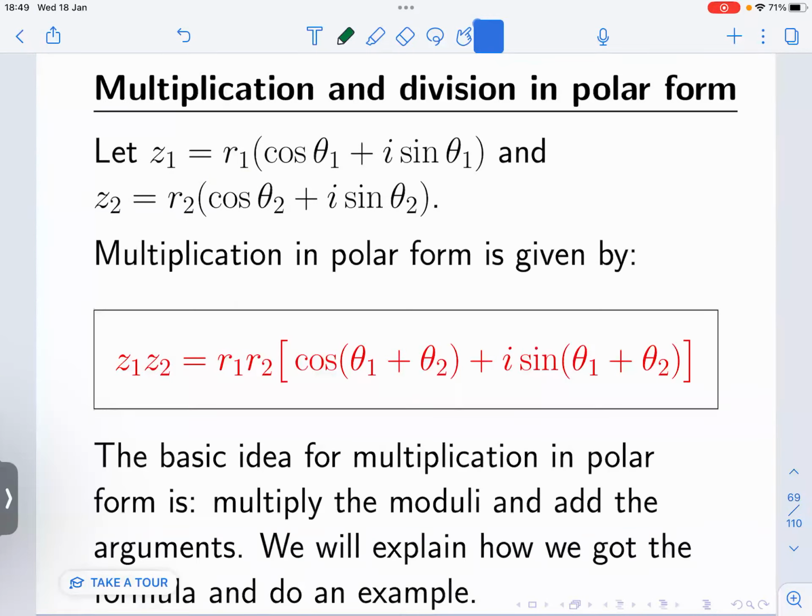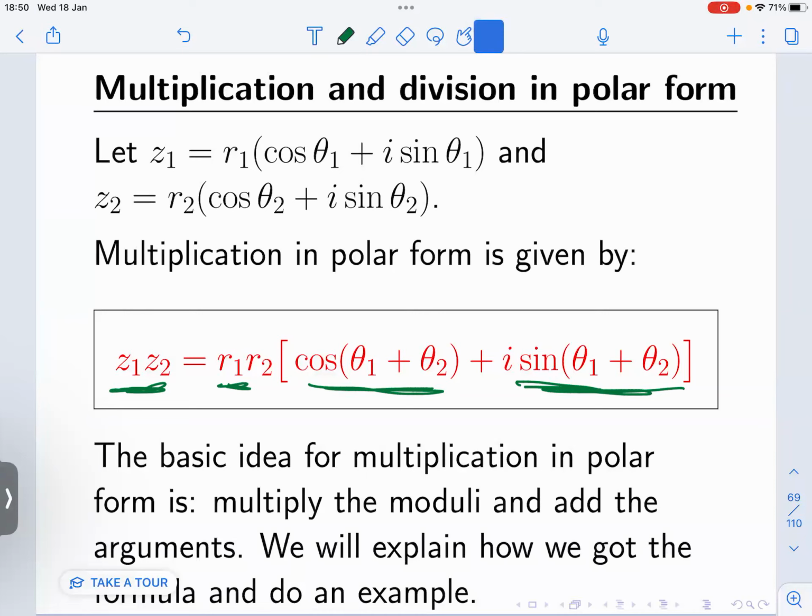To get z1 times z2, we will simply multiply the moduli and then add the arguments. So r1 times r2 times cos of theta 1 plus theta 2 for the real part, and then i sin of theta 1 plus theta 2. And to derive the formula, it's very easy.